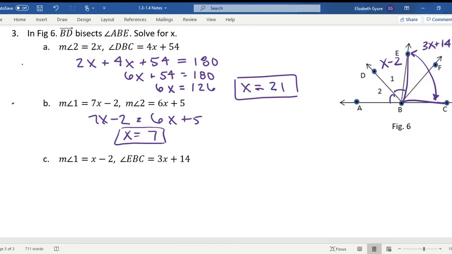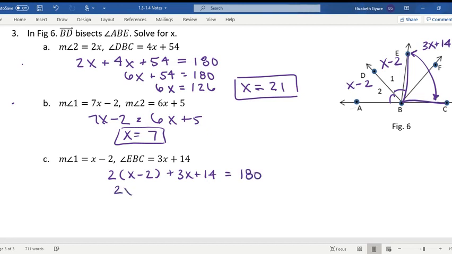Therefore, a strategy for this, if angle 1 is a measure of x minus 2, angle 2 will have that same measure. And then you can add all three angles up using the angle addition postulate and set them equal to 180 degrees. Or if you prefer, instead of having to add x minus 2 twice, you can also do 2 times angle 1, which is x minus 2, because again, you know that both angles are going to be the same, plus your other angle, 3x plus 14, equals 180.